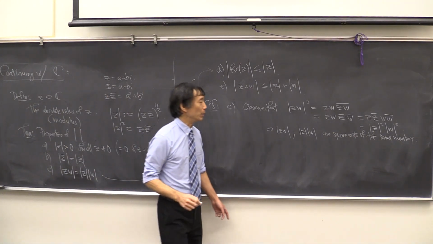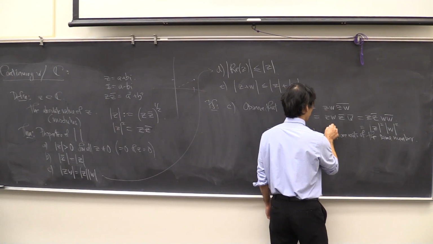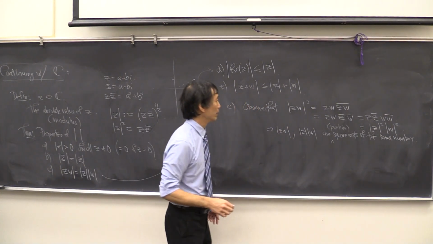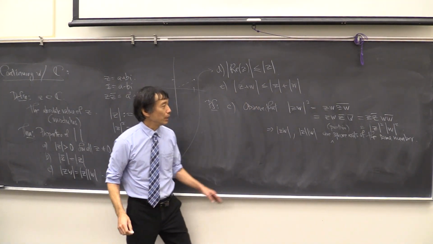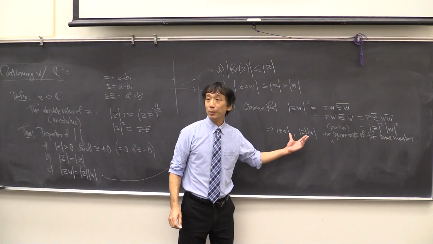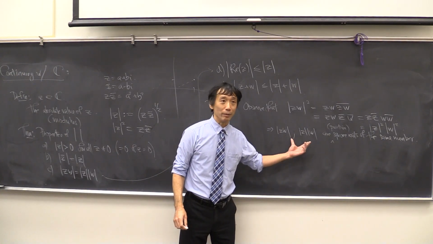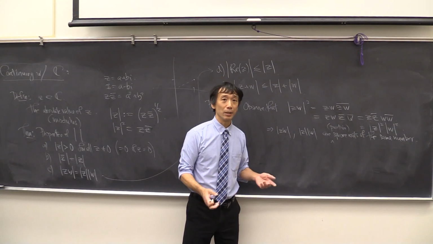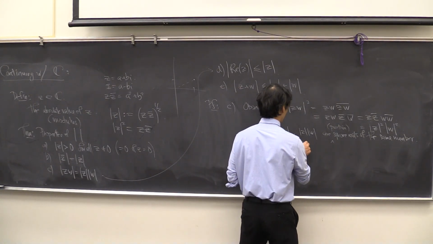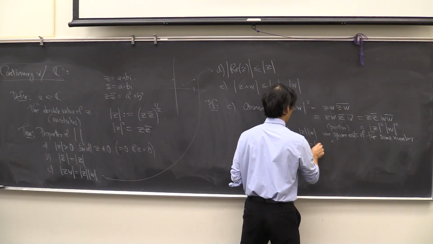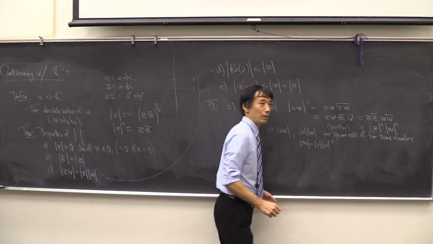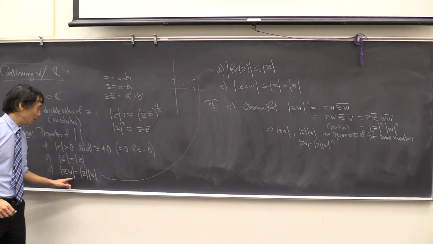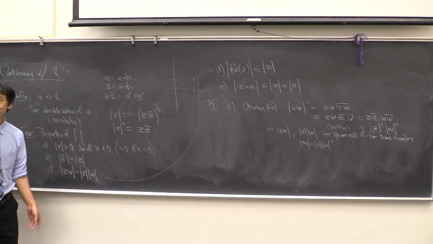In fact, they are positive, assuming that both of these things are non-zero. Otherwise, it's easy, right? But then they're positive square roots of the same number, and when we proved that theorem about square roots, we said that the square roots are unique, right? So that tells you that they're equal. So that's kind of a cute way of showing that the modulus of the product is the product of the moduli.